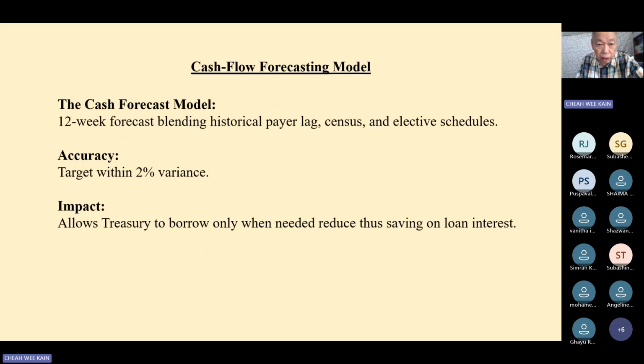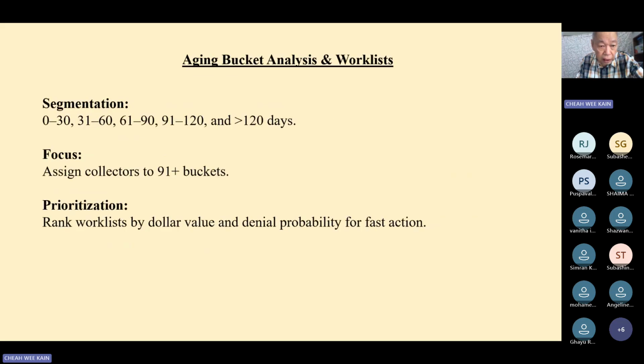Cash flow, nothing much. Buckets. Your statement should show how much the insurance company owes you: 0 to 30 days, how much they owe you; 30 to 60, how much they owe you; 60 to 90, how much they owe you. Whatever total bill you claimed from the insurance that they have not paid can be sorted by dates.